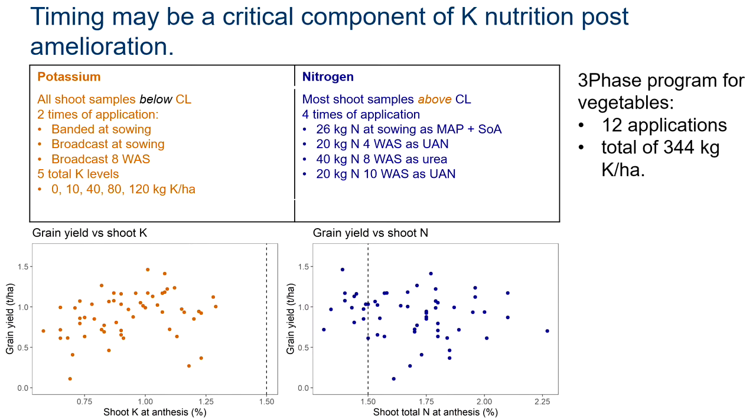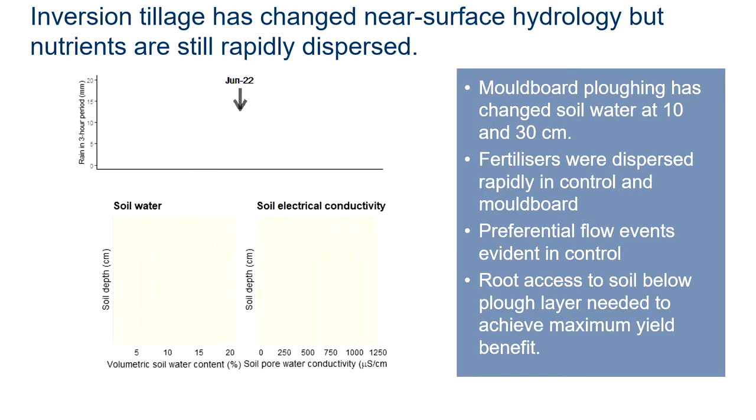It's giving an indication of what we need to do to improve our K use efficiency. So our inference from those sites is that the K has leached. Some of the soil water monitoring that we've done at a different site, one of our soil amelioration by nitrogen sites at Badgingarra, provides us a bit of insight.